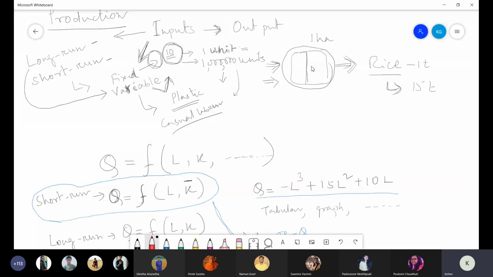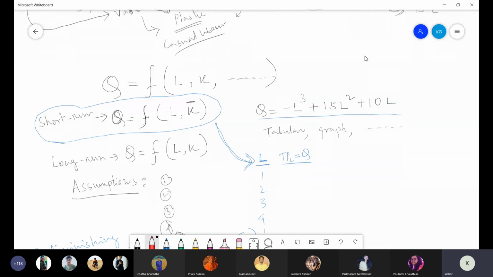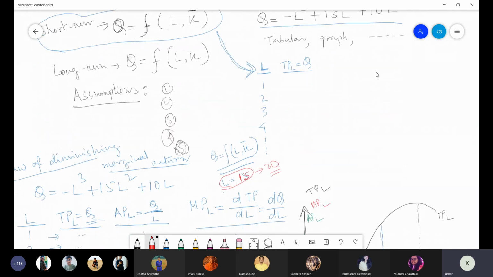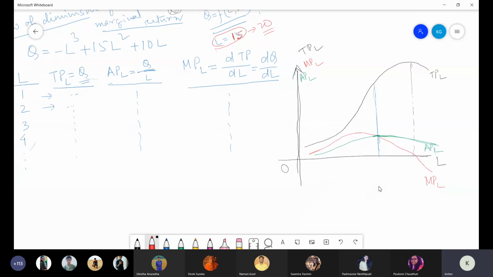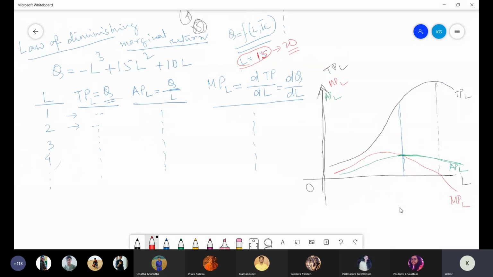Then because of toxicity of nutrient, your crop will die. So instead of getting a higher value of output, your output may even go down. That possibility is there. This is an extreme case. No one is going to apply to that level.